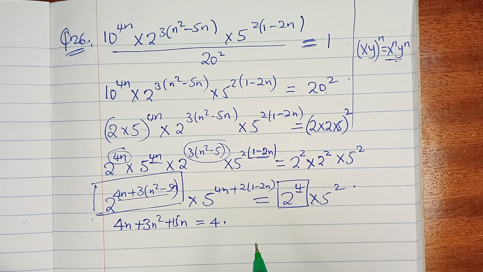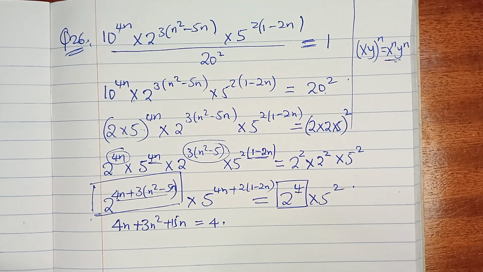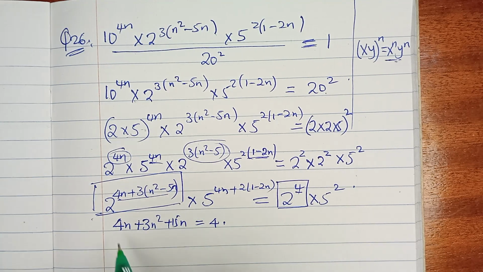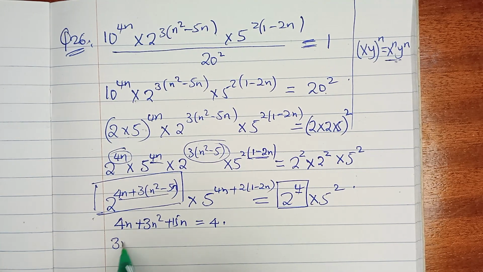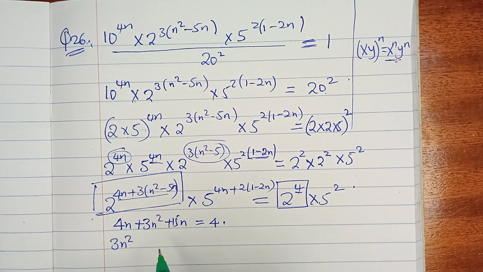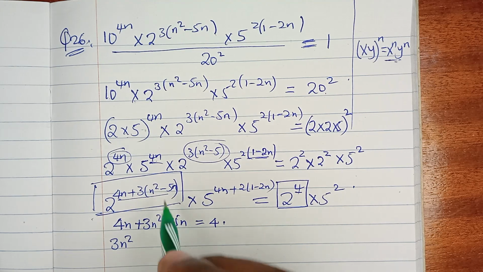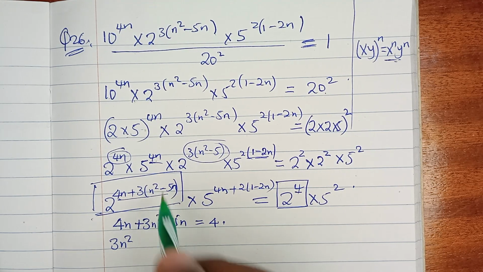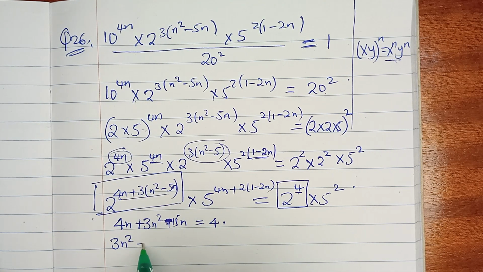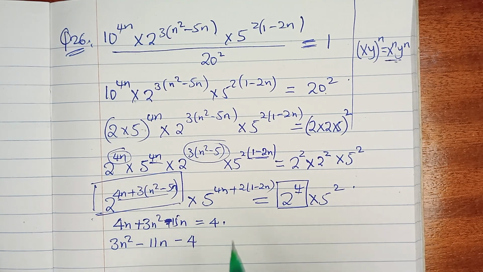And this is basically a quadratic equation, and it's going to be 3n squared minus 11n minus 4 is equal to 0.